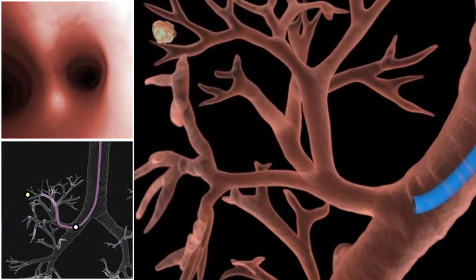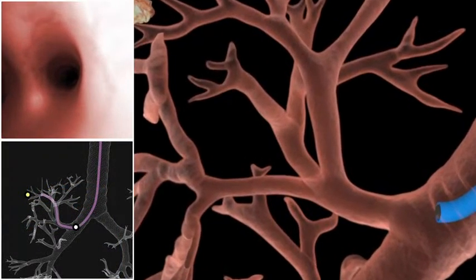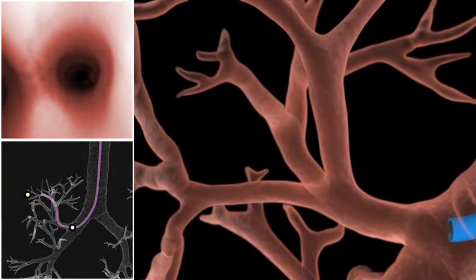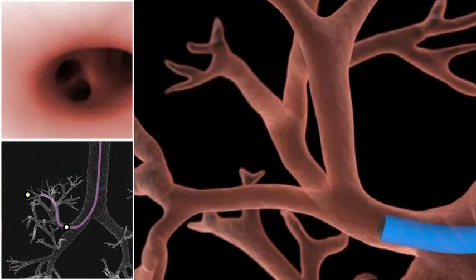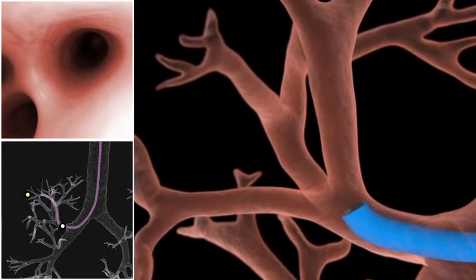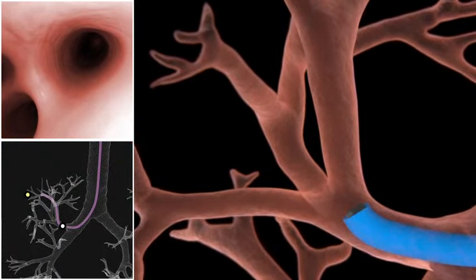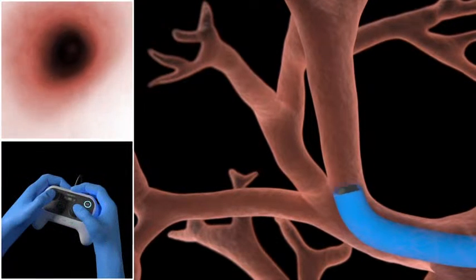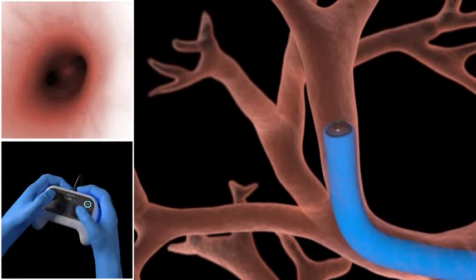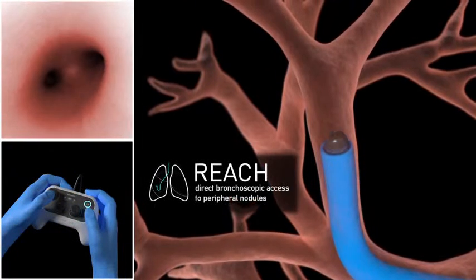The pulmonologist or the surgeon puts the flexible fiber optic bronchoscope inside, and it's amazing how the science has evolved, and you can go very, very deep into the respiratory system.